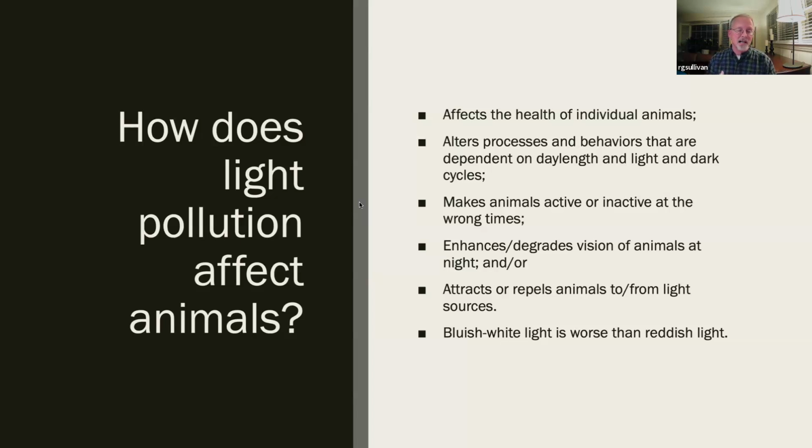So if you think about the early stage of LEDs when they were just coming out, they were very bluish white, and that has to do with the ease of manufacture. And those are particularly bad because people naturally are not attracted necessarily to that kind of light.